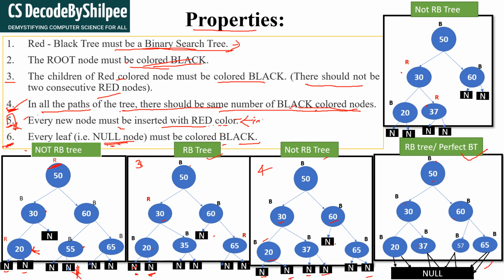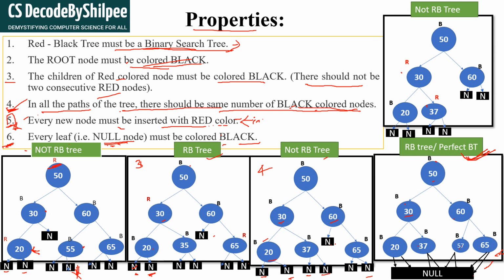So perfect binary search tree means every node is having 2 children and all the leaf nodes are at the same level, and this concept is called a perfect binary search tree.